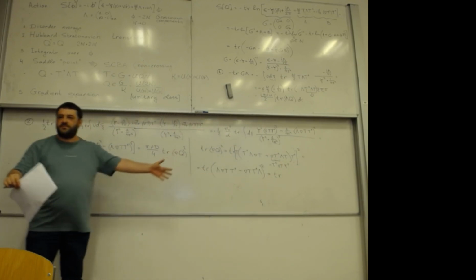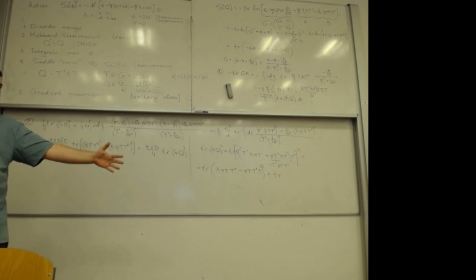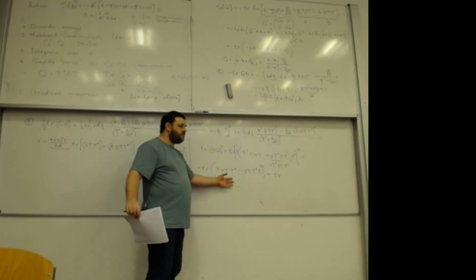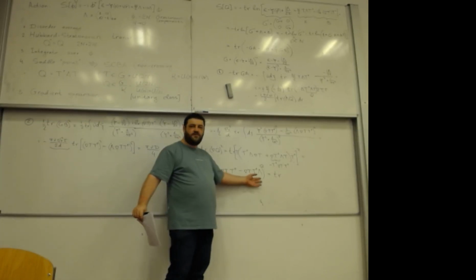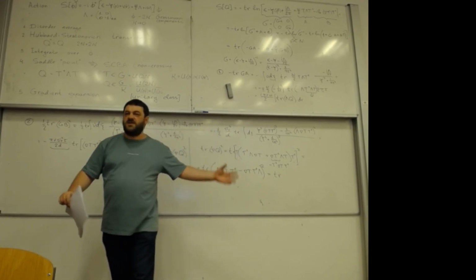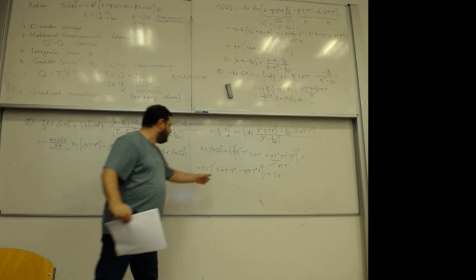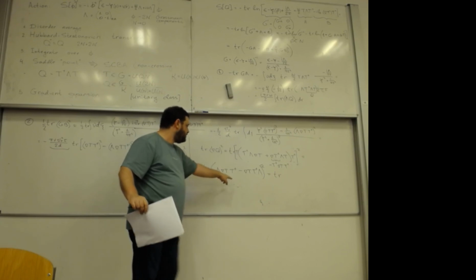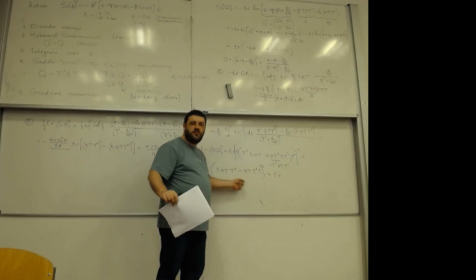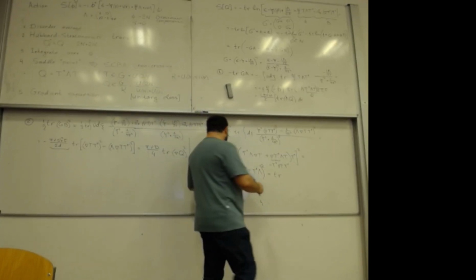Last step just expands this square. We have the square of the first term plus the square of the second term. They are actually the same. If you square this, or if you square this under the trace, you can move lambda from back to front.